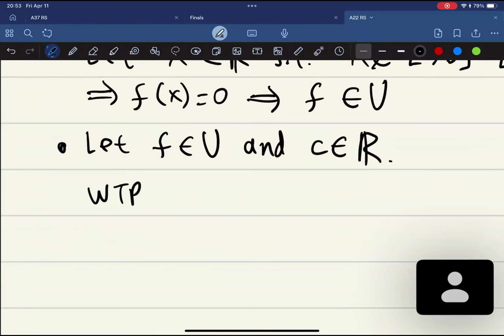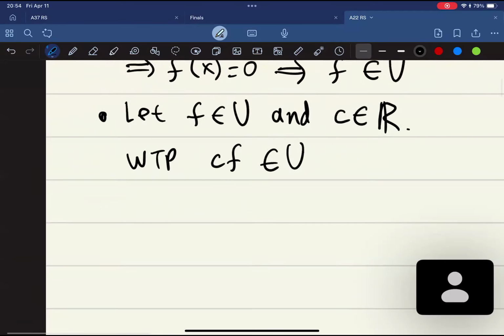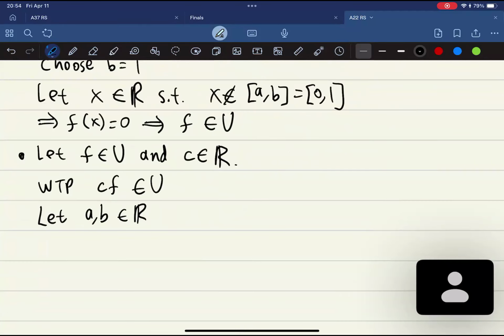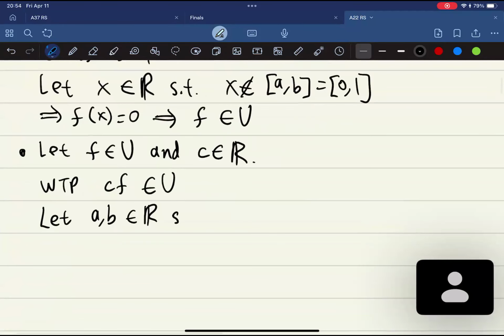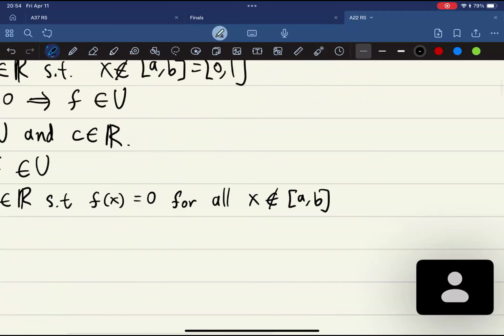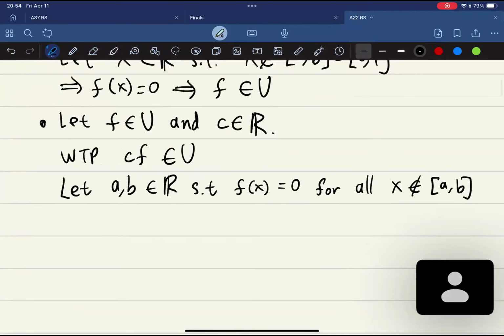And we want to prove that cf is in U. So we let a and b be real numbers that satisfy the property of U, such that f of x is equal to 0 for all x not in the interval a, b.